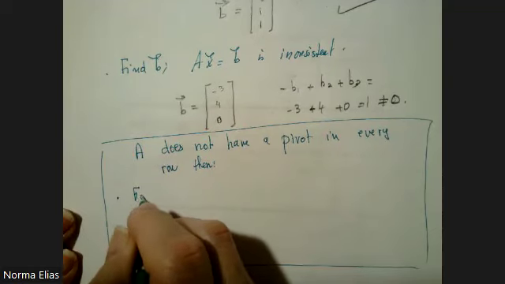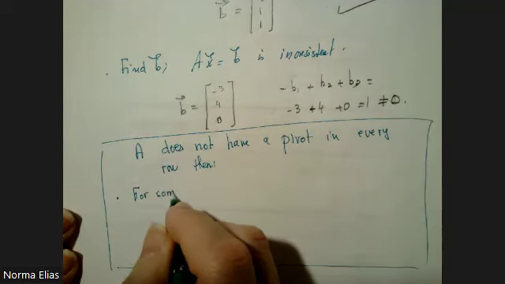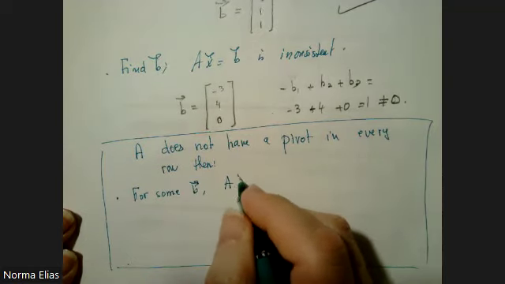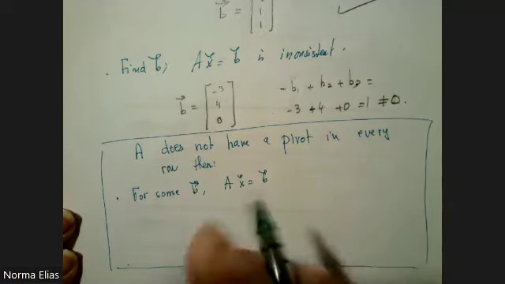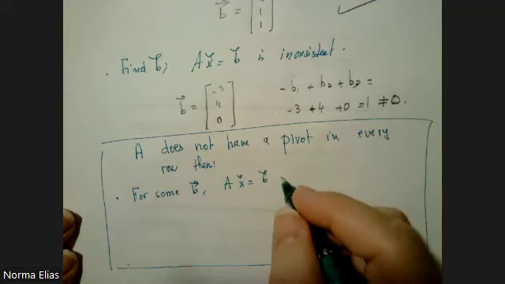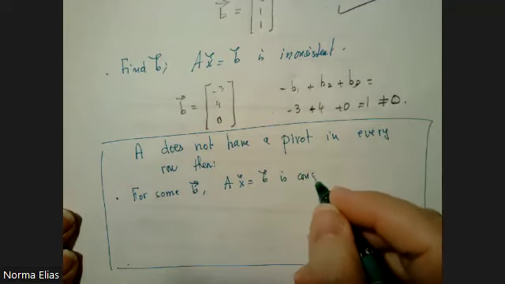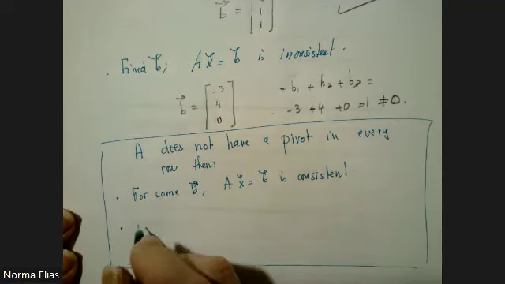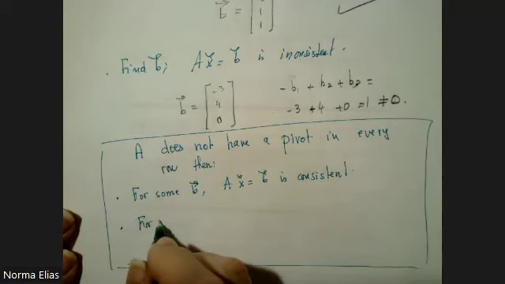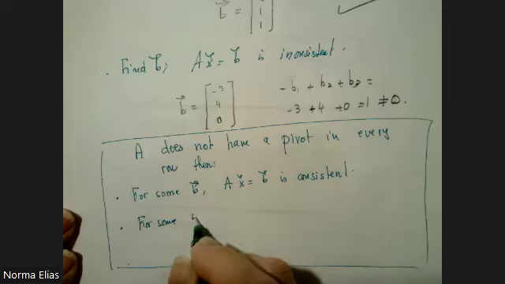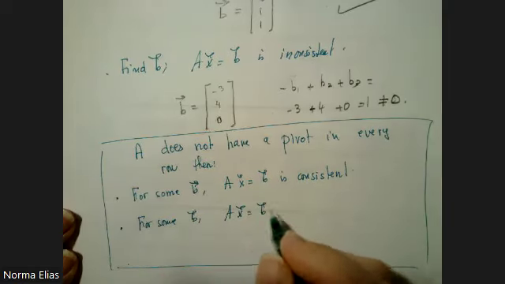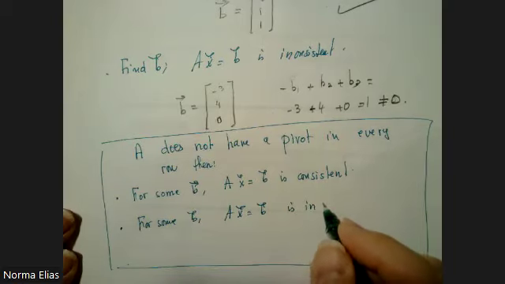For some vector B, Ax equals B is consistent. So we have some vectors for which we have consistency. And for some vector B, we have inconsistency. It means not every vector guarantees consistency of the system.